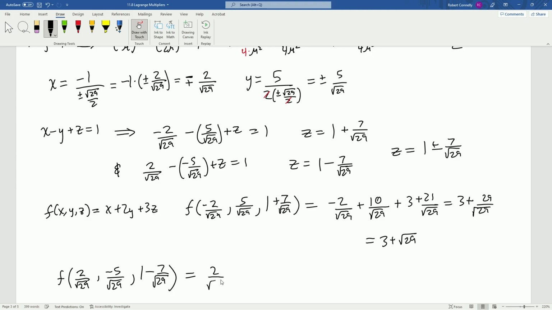We get 2 over root 29 plus 2 times this, which is negative 10 over root 29, plus 3 times this, so that's 3 minus 21 over root 29. And so this ends up being 3 minus 29 over radical 29, or 3 minus root 29. So that means this up here is our absolute maximum, and 3 minus root 29 is the absolute minimum.